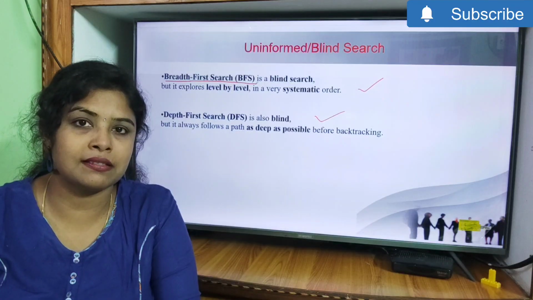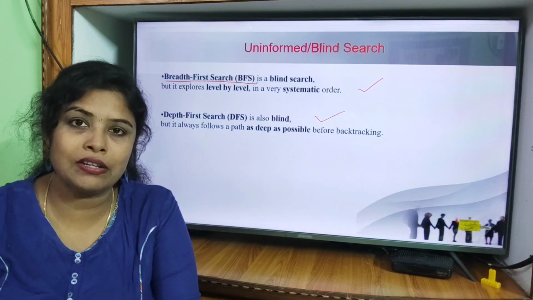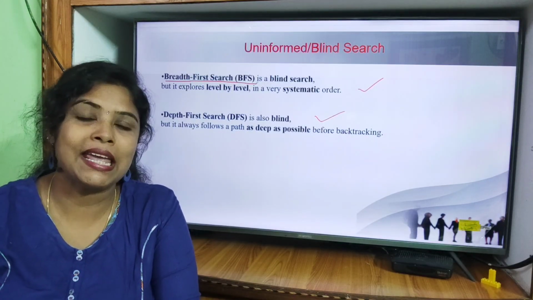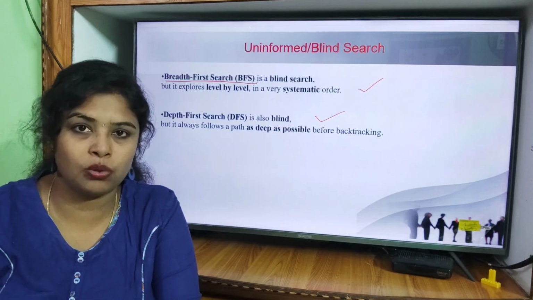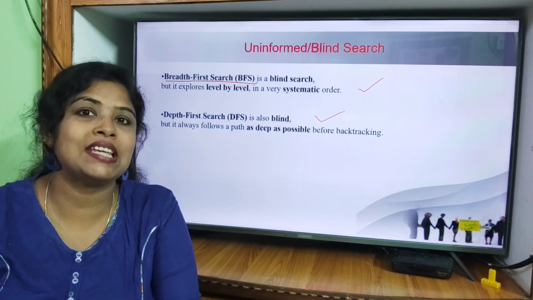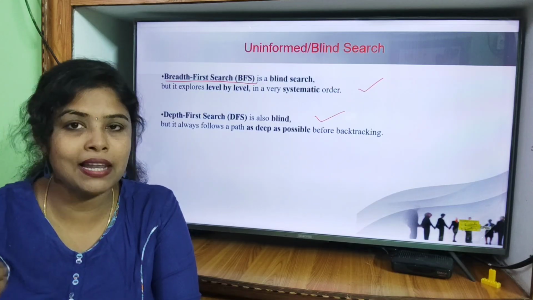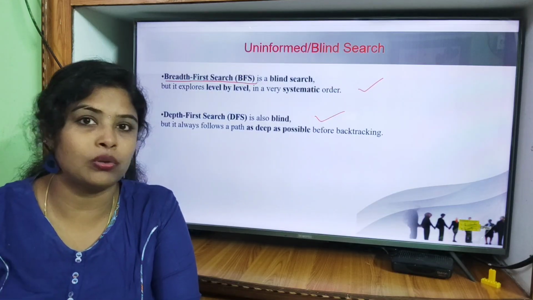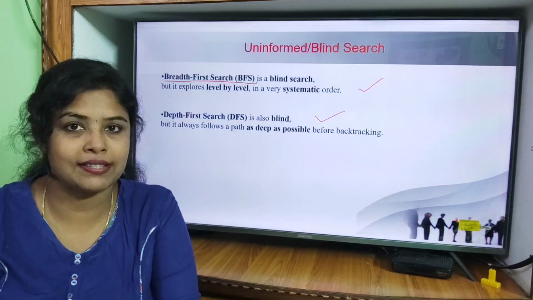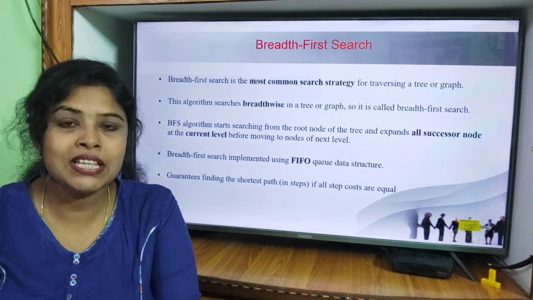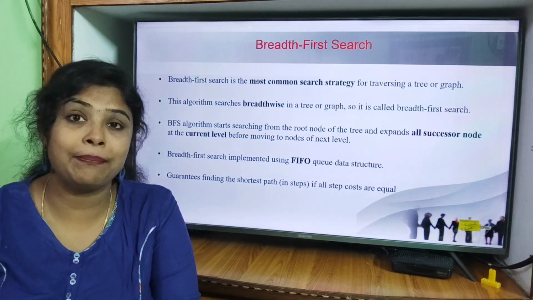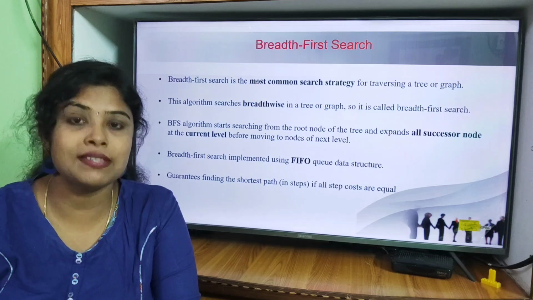As the name suggests, here the algorithm is going to proceed with the search breadth-wise, that is width-wise. So it will search each and every level and then go to the next level. That is, all the elements in one level and then go to the next level. That is your BFS. BFS algorithms have a lot of applications and are gaining importance these days.